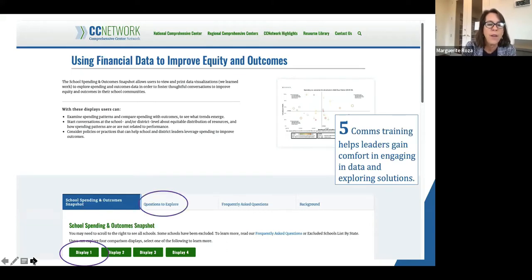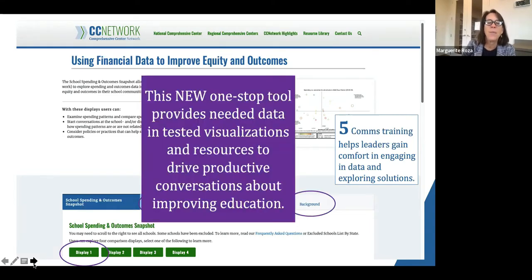The site gives you information on each of the displays. It gives you some questions to explore. It includes some comms training, background on the data, but it's basically all the pieces right here to access and get the information on these tested visualizations.